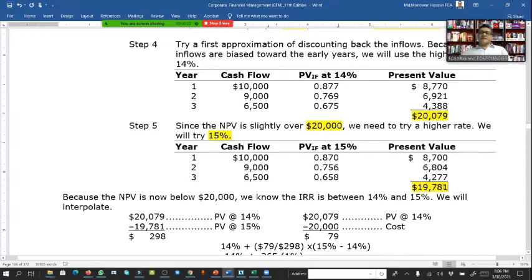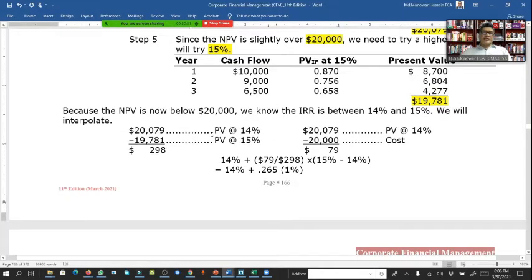So it is less than 20,000, which means the NPV is negative, whereas the earlier one was positive. Because the NPV is now below zero, the IRR lies between 14 and 15%, and we will interpolate.